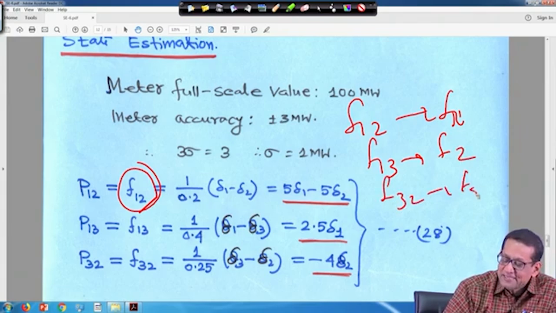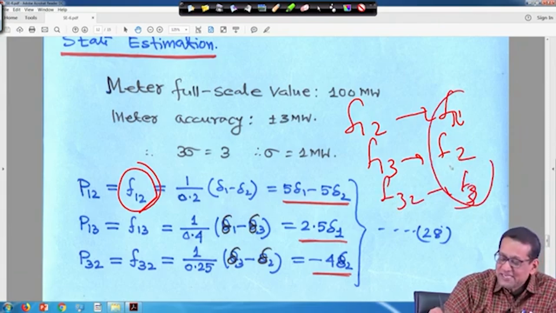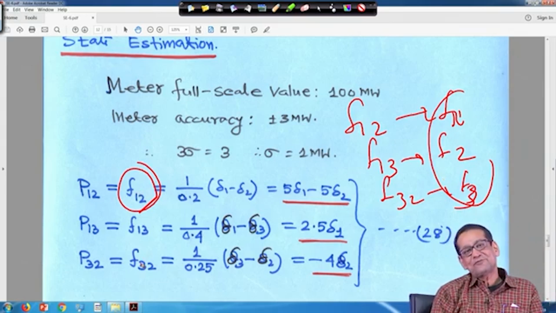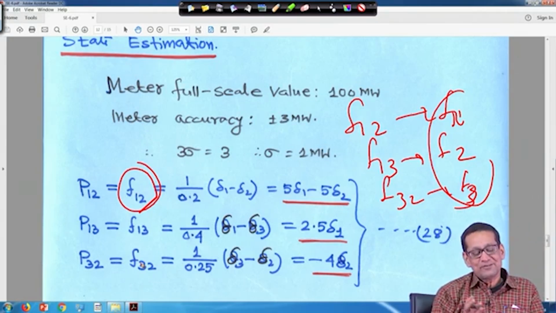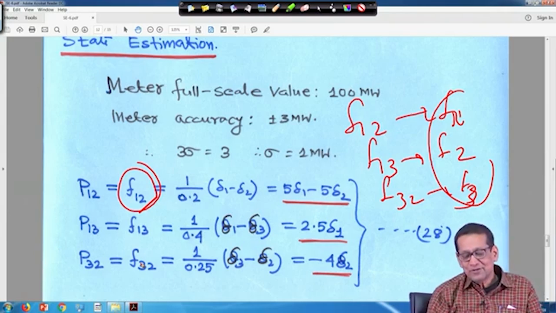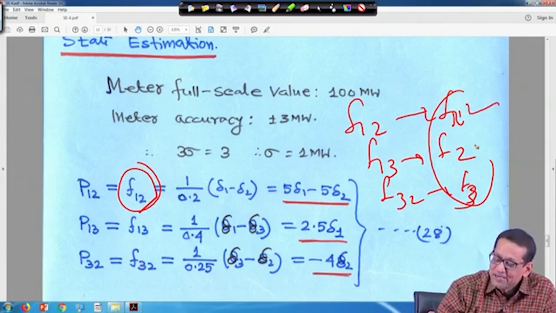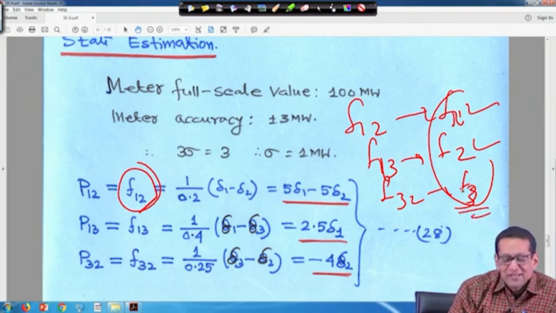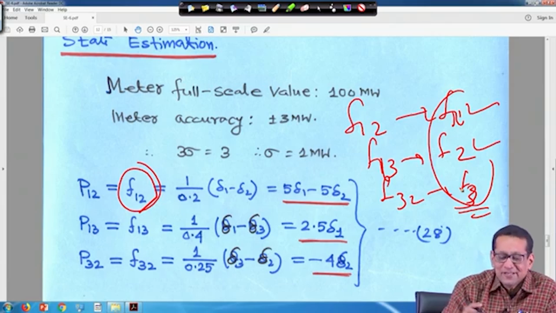F32 you define as line 3, F3. So it is 1, 2, 3. In the mathematics it was Fn, but when coming to the problem, the lines are 1 to 2, 1 to 3 and 3 to 2. So we make F12 is F1, F13 is F2 and F32 is F3. So in your understanding there will be no confusion.